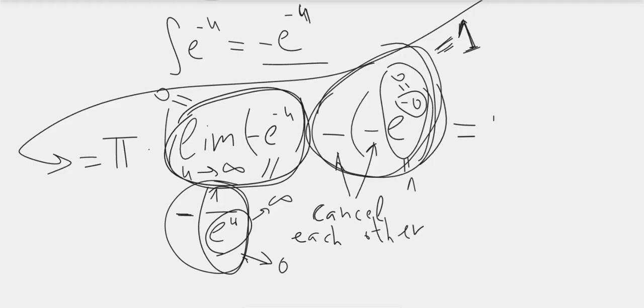So in total we have pi multiplied by 0 plus 1, which is equal to pi.